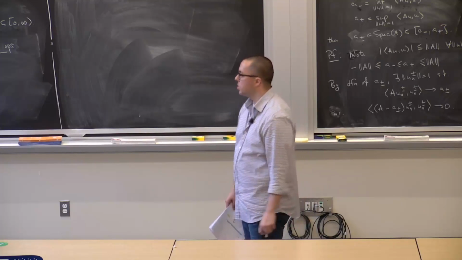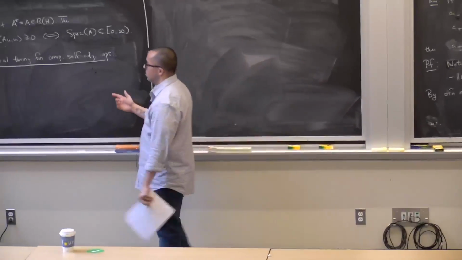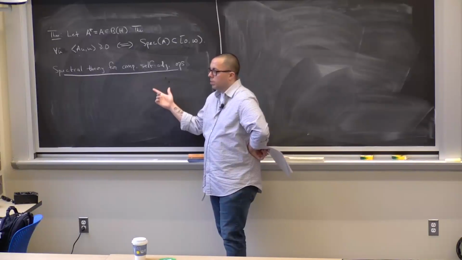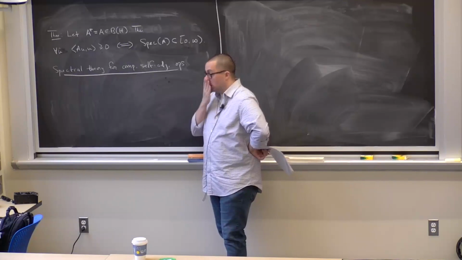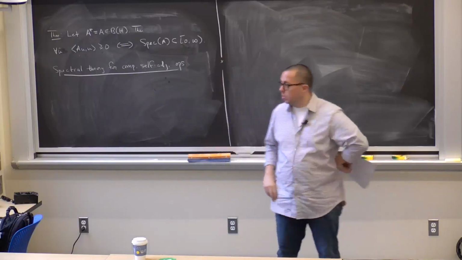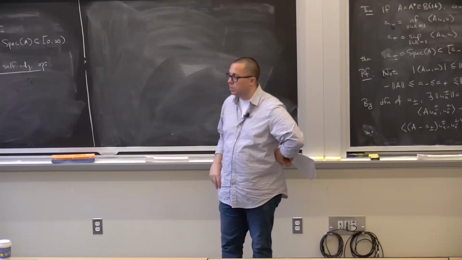Okay, so what we'll prove is that the spectrum of a compact self-adjoint operator consists of the eigenvalues of this operator along with possibly 0. Okay? And 0 may or may not be an eigenvalue.